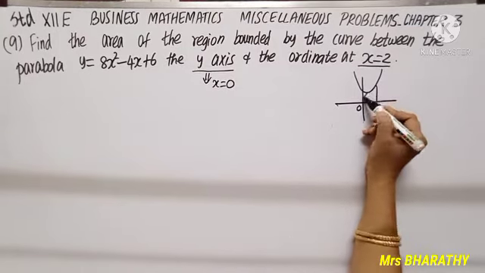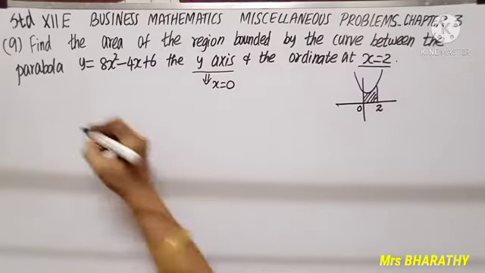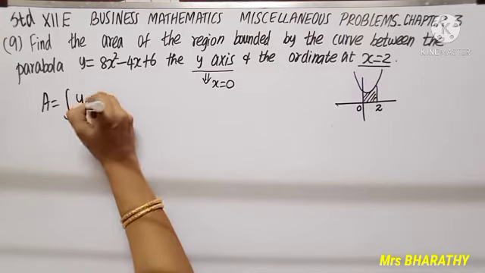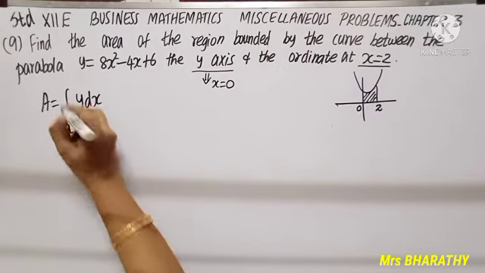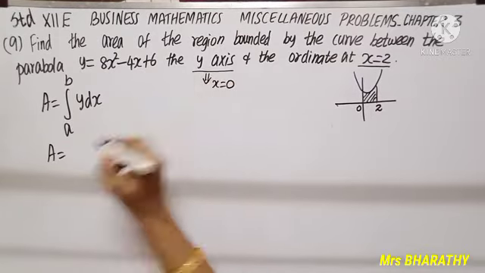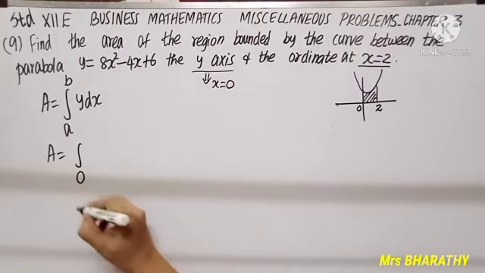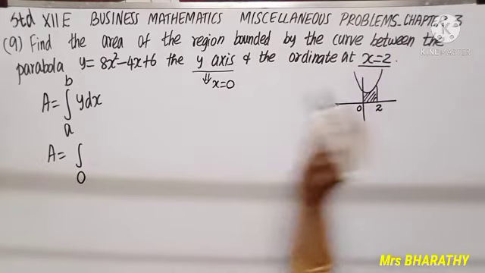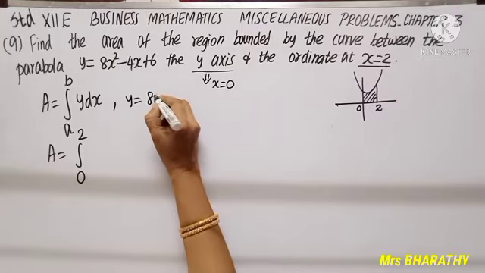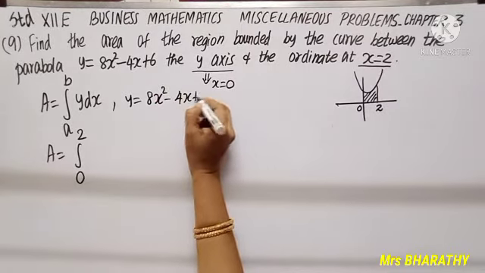So to find the area, let us integrate. Area equals integral y dx between the limits a and b. Here y-axis tells me x is equal to 0 and the other value mentioned as 2. What is y from the question? 8x square minus 4x plus 6.